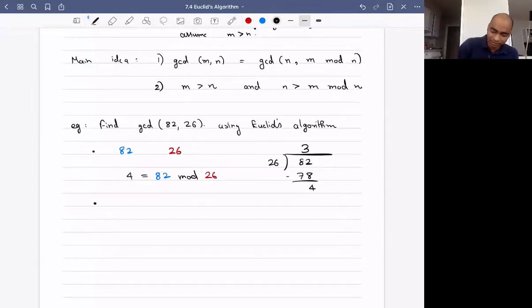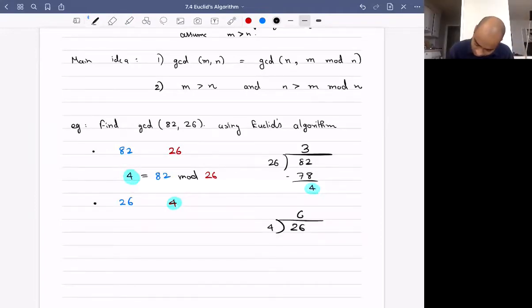Now I'll change my numbers to 26 and 4. Why 26 and 4? 26 was the smaller of the two numbers I started with, so I'll keep that. And then 4 is the remainder that I found. So that becomes my new number. Okay, now I need to again find the remainder when 26 is divided by 4.